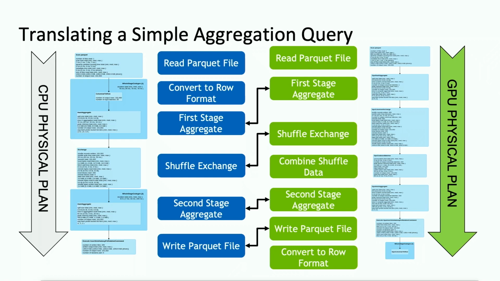After that first stage aggregate is a shuffle, an exchange between stages in the job. The CPU is shuffling rows. And it's important to note here on the right-hand side, the GPU is also shuffling, but shuffling columns. So we do not have to translate from columns back to rows for the shuffle. It remains columnar. And then on the right-hand side, there's an extra step the GPU does to combine shuffle data. Shuffle partitions tend to be small.